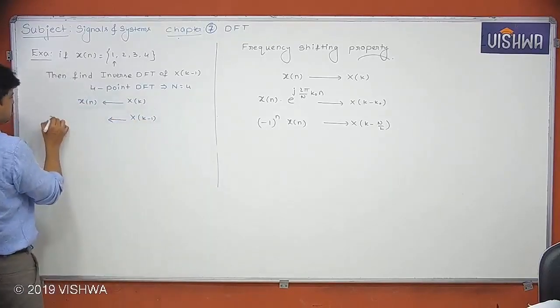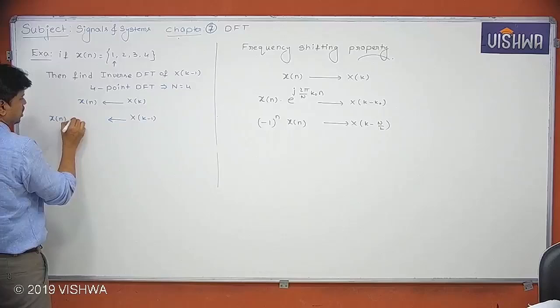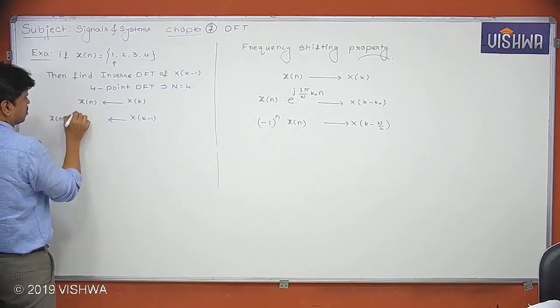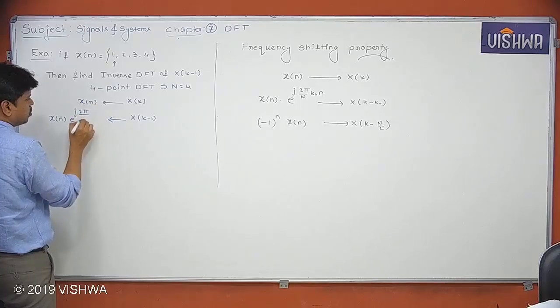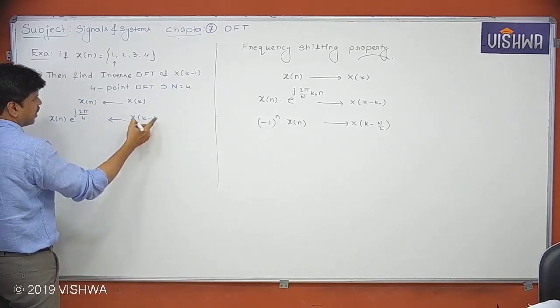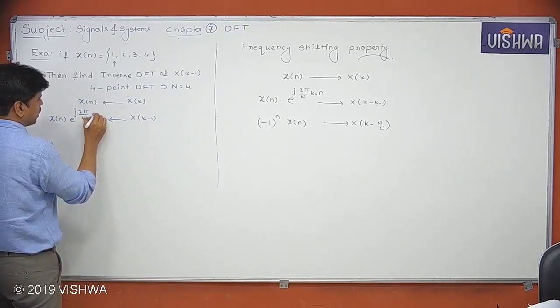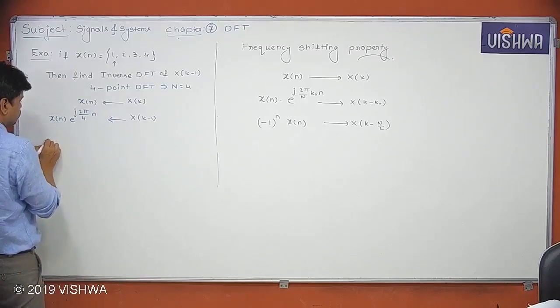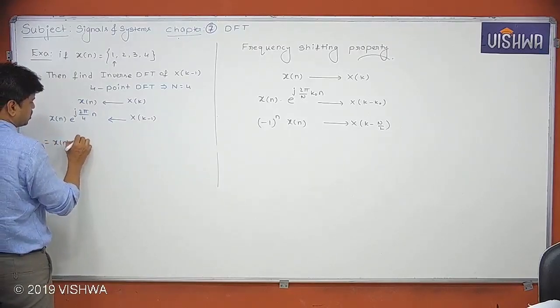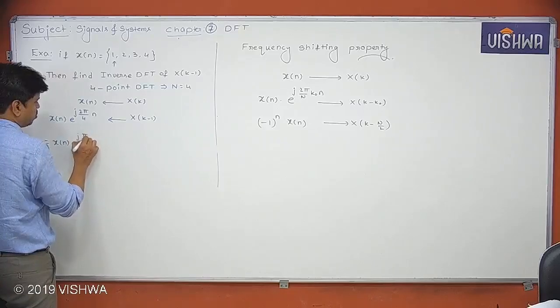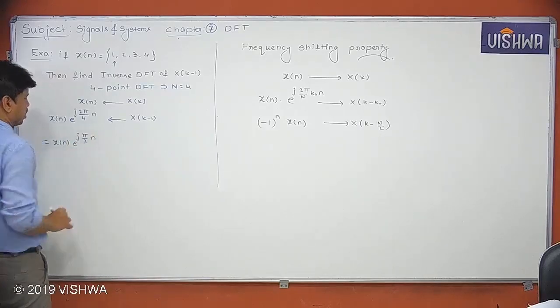That is x of n e power j 2 pi by N, where N value is equal to 4 and k0 value is equal to 1. So this is equal to x of n e power j pi by 2 n.